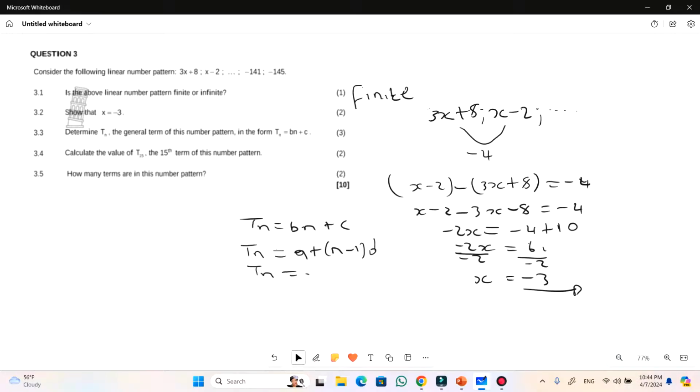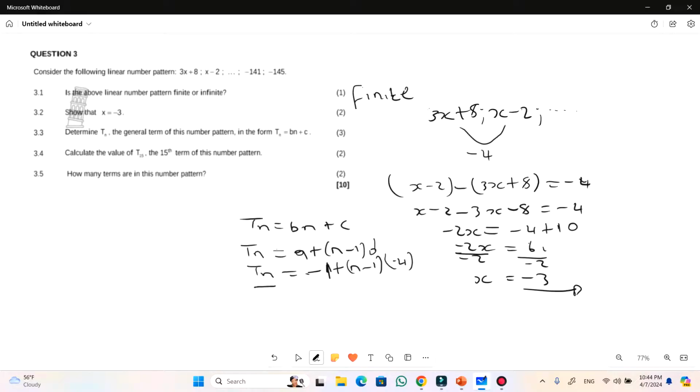It's negative 3 times 3 plus 8. Yes, it's negative 1. Your first term is negative 1 plus into n minus 1. We already know that your difference is negative 4.